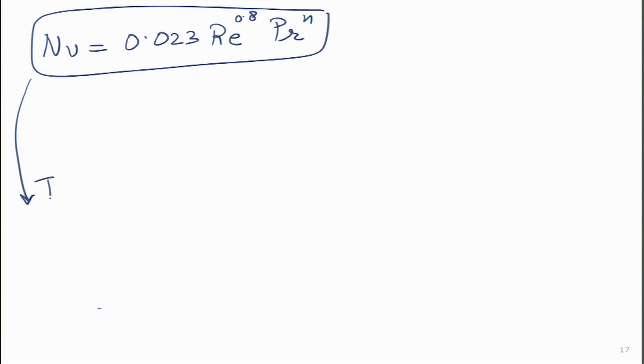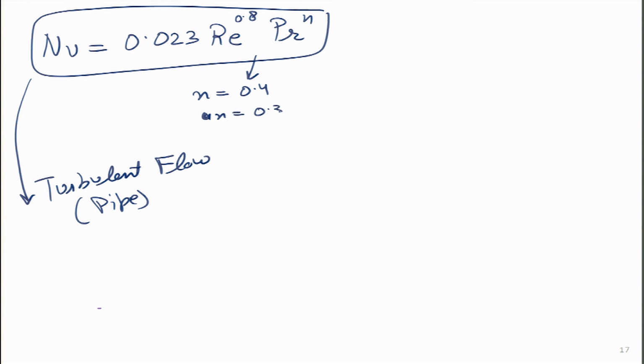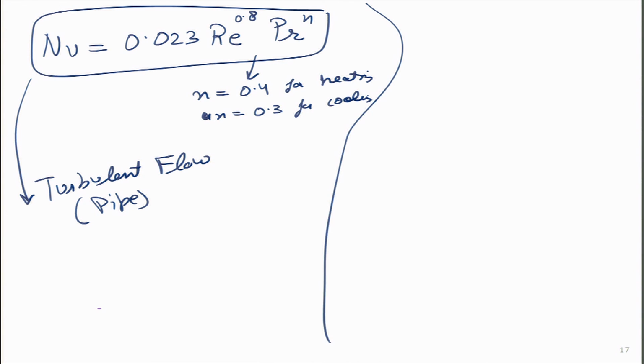This expression is for turbulent flow inside a pipe, and the value of n we can take as 0.4 or 0.3. We will take 0.4 if heating is taking place, and 0.3 if cooling is taking place. So for cooling and heating we get these two different types of expressions.